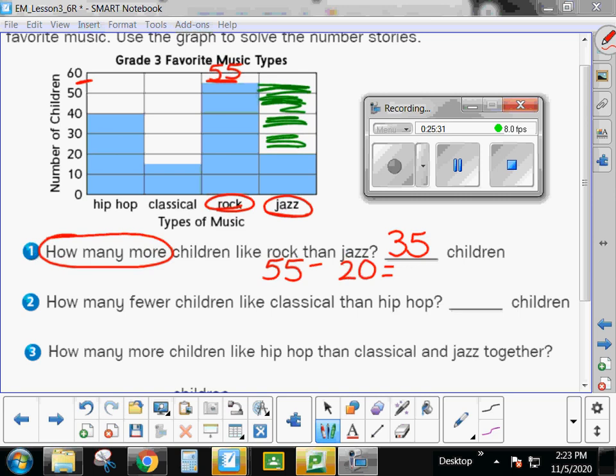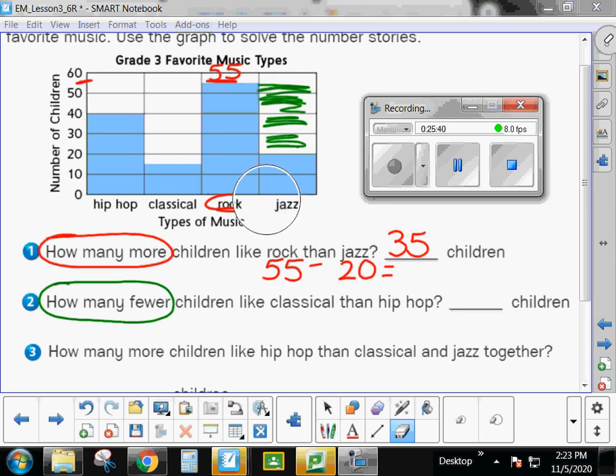All right, the next question says, how many fewer children like classical than hip hop? Again, I'm comparing numbers. You hear that? How many fewer? I'm comparing two things. If I want to know how many fewer children like classical, so let's look at classical, this is between 10 and 20, so I've got 15. And hip hop here is up at 40. I want to know how many fewer.